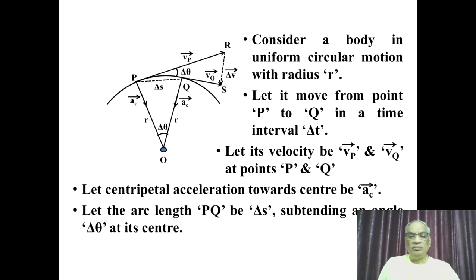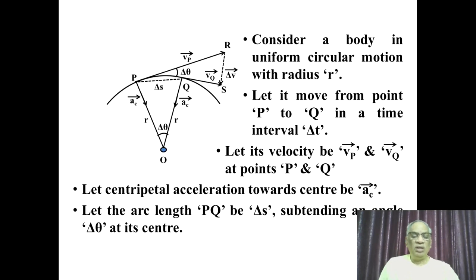Now consider again a small section of the circular path in which a body is moving between points P and Q. The velocity at P is given by Vp bar, and the velocity at Q is given by Vq bar, in vector form, because velocity is a vector quantity.